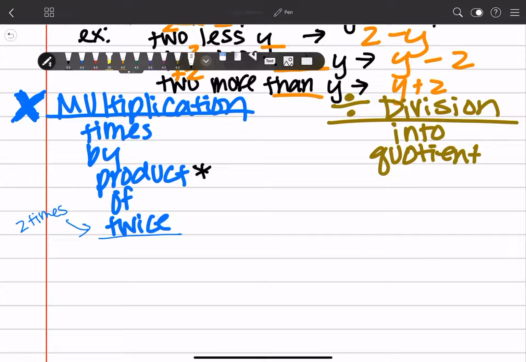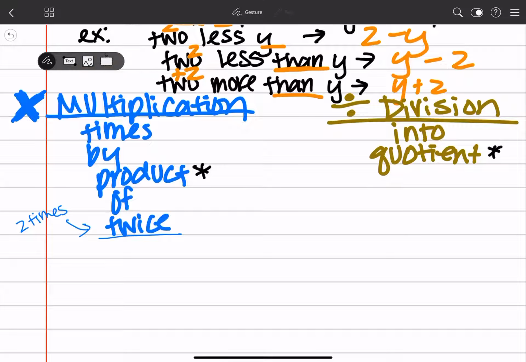And quotient is going to be our 1 stars. The order is going to matter. So the quotient of 35 and 5 would be 35 divided by 5. If I said it backwards, if I said the quotient of 5 and 35, it would be 5 divided by 35.